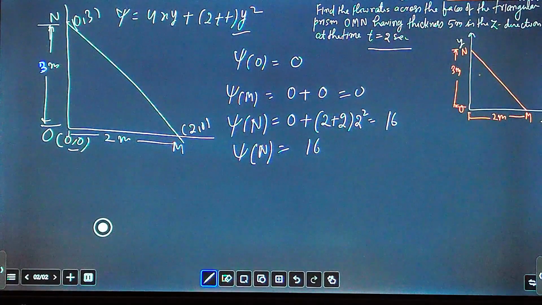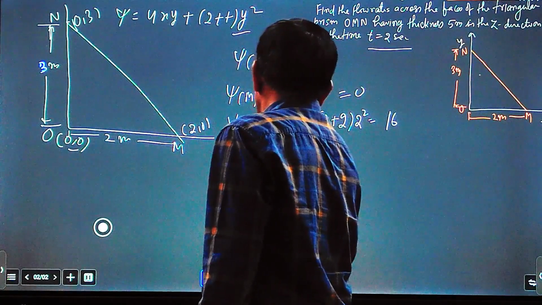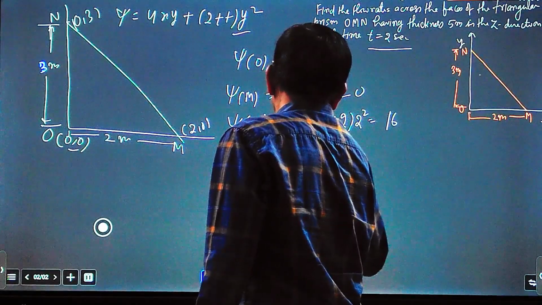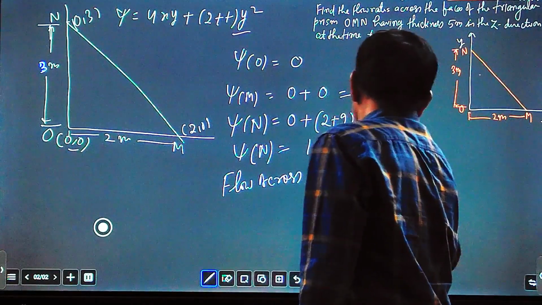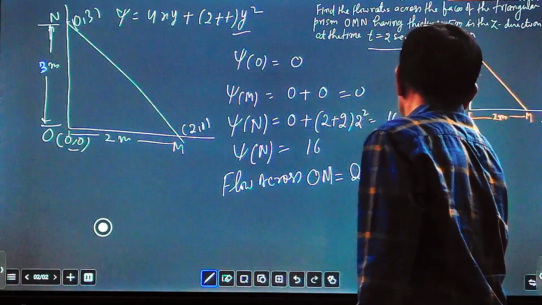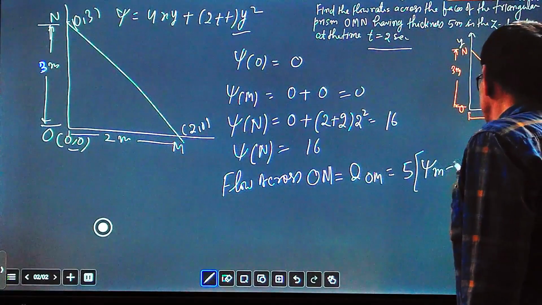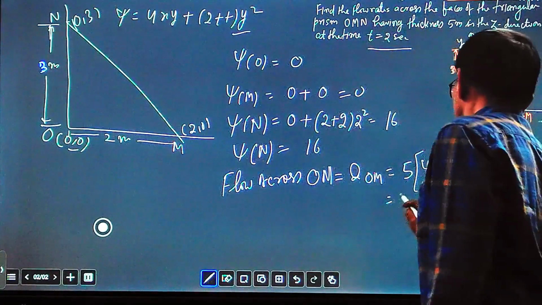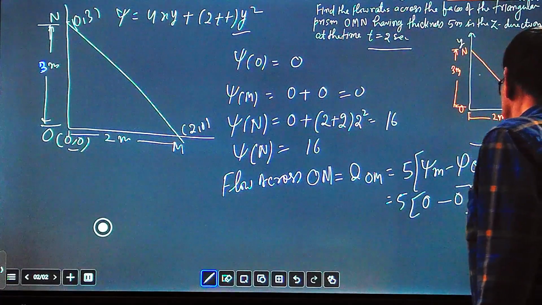Now finding out flow across OM. Flow across OM is equal to 5, because thickness is given. So we have to multiply with thickness. 5 into (psi M minus psi O). So 5 into, already we have, 0 minus 0 equal to 0.